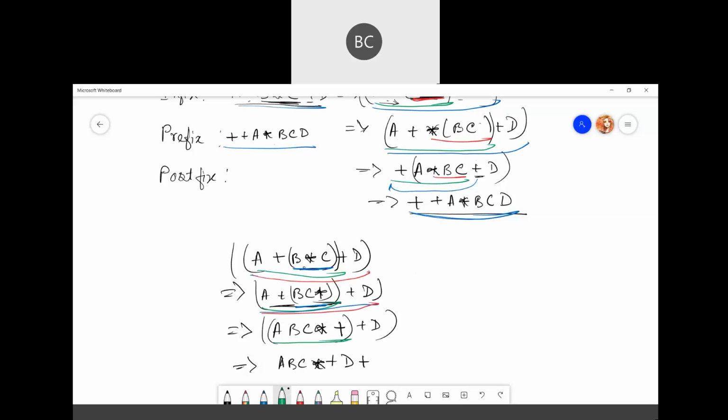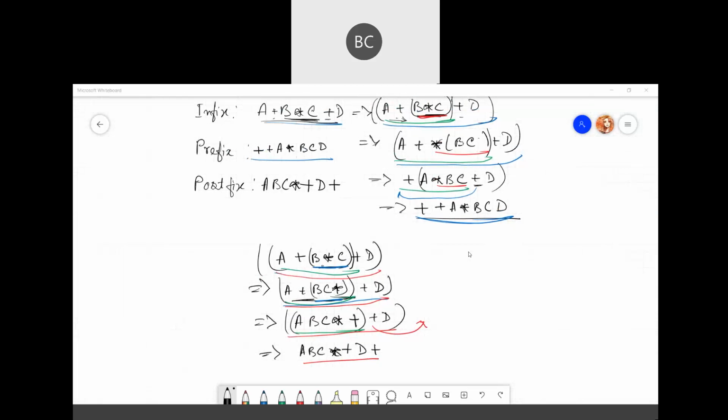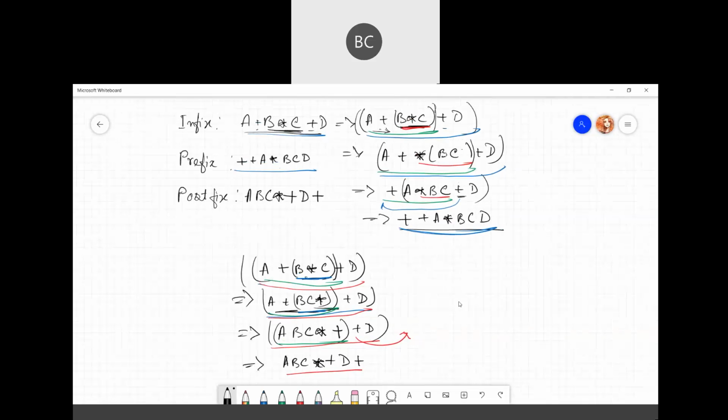Now you have to evaluate this one, then finally this plus sign will come here. This is the postfix. So the final postfix notation is A B C star plus D plus. Got it?